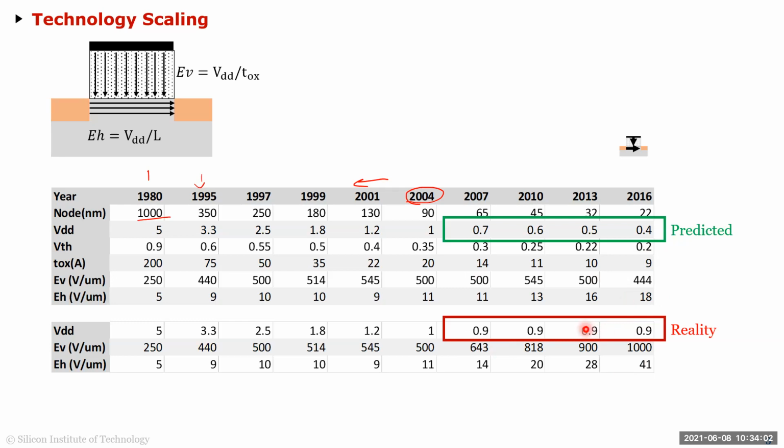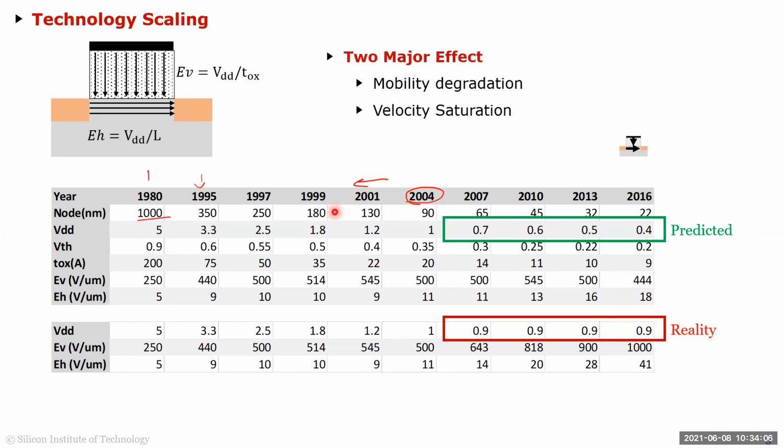Okay. So the two major effects which have resulted from these higher fields and shorter lengths, which is making those two regions interact, is that the mobility is degraded now. And the mobility is directly related to the current, right?